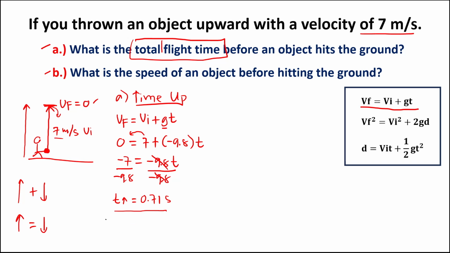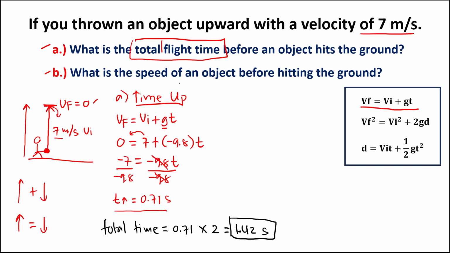So the total time equals 0.71 second times 2, which is equal to 1.42 seconds. So this is now the total flight time.